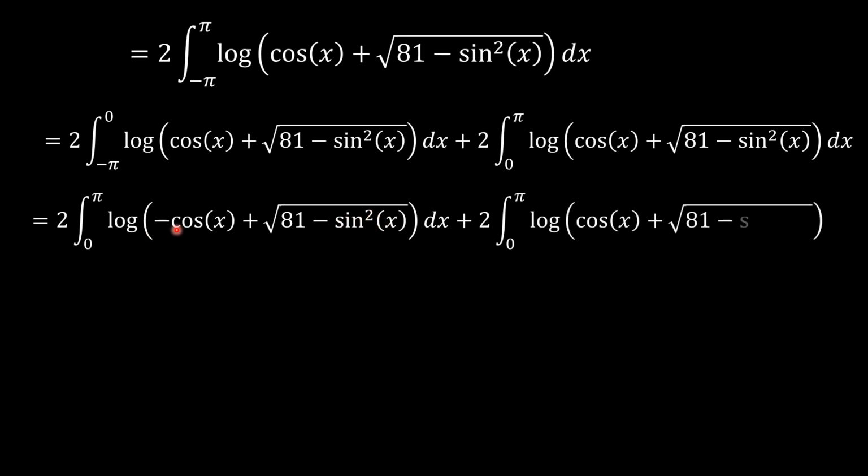So we've done that, and when we've added pi to x, this has become 0 here, and this has become pi. And so we have the sum of these two integrals, obviously multiplied by 2, yielding the original integral.